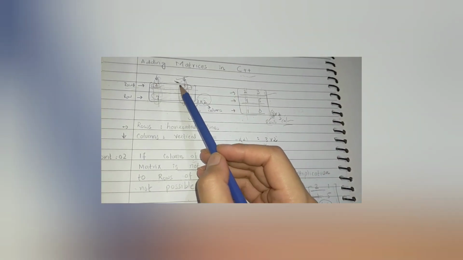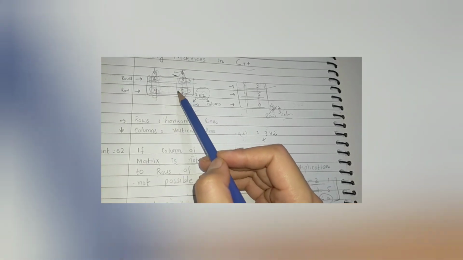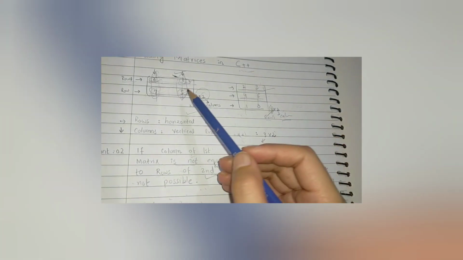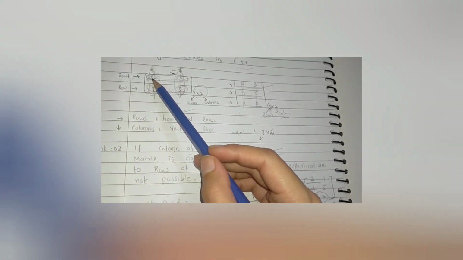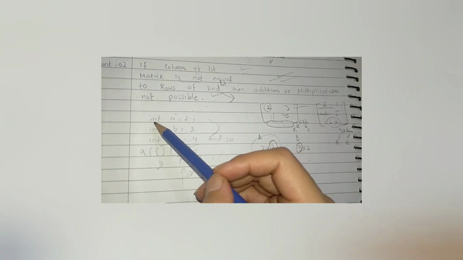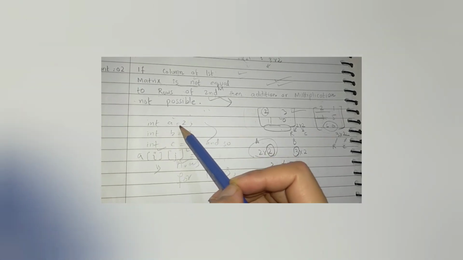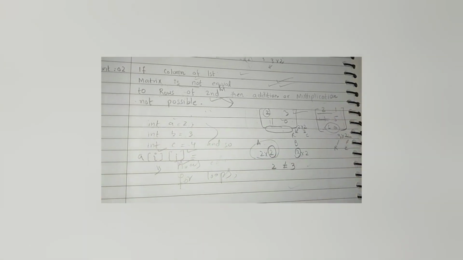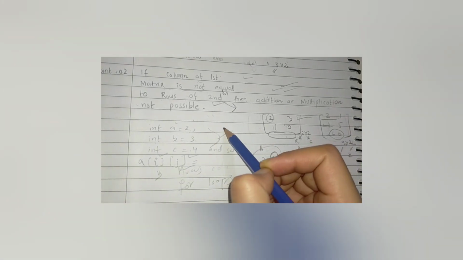So our next point is that the entries are integers, right? So we have to use variables to store these entries, but these are a lot of variables, and if we manually do it like this: int a equals 2, int b equals 3, and c equals 4, and so on, that will take a lot of time.